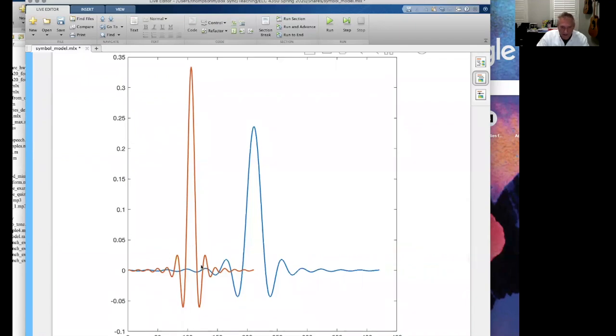It looks a lot like flattening the curve. Sorry, maybe it's too soon for coronavirus jokes, but here we go. This is not the initial pulse. This is the downsampled pulse, and we had to scale it by the square root of 2, so that we would get the proper size, so that when we do the receive filtering, we get back symbol values. That's the point I wanted to make.